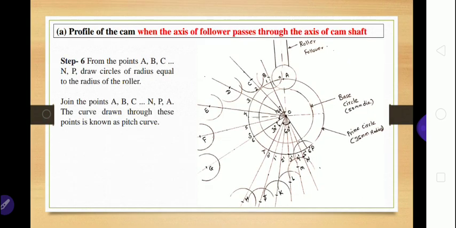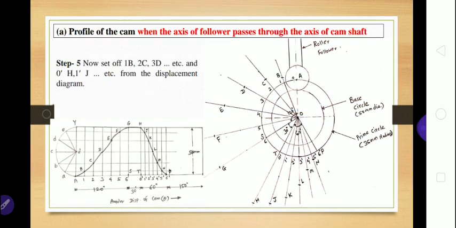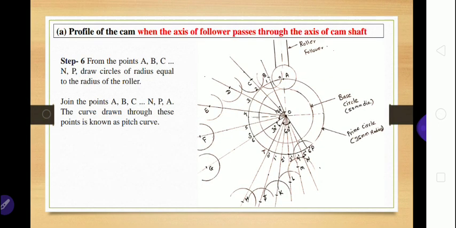In the sixth step, for the knife edge follower, immediately we have joined these B, C, D, E, F, G points with a smooth curve, and that will be our cam profile. But in the roller follower, that is the difference between these two. Here we have to draw from these points a roller follower with the radius exactly given in the problem.